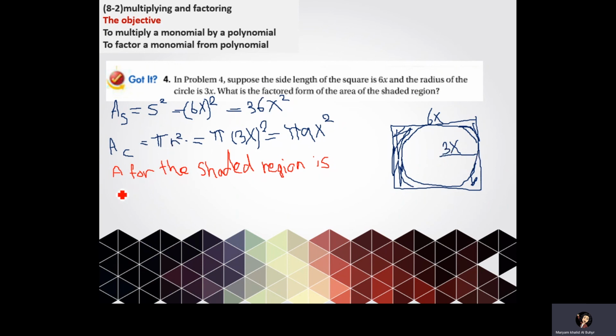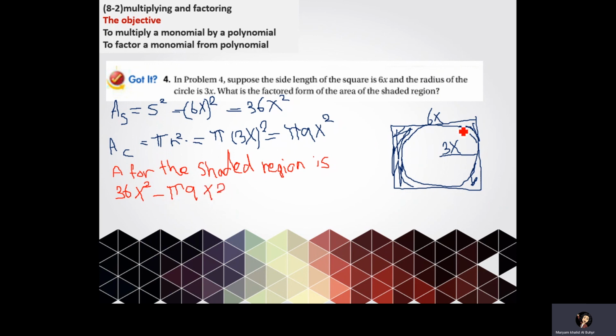That's what we got here, which is 36 x squared minus pi 9x squared. Where is the minus from?